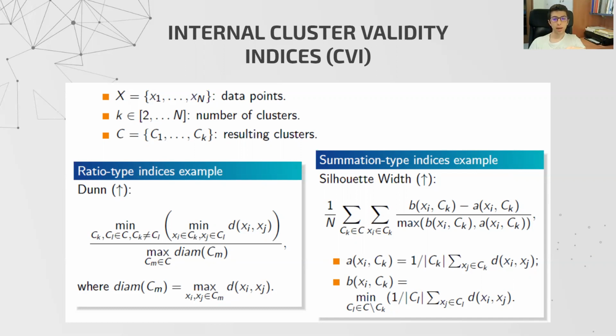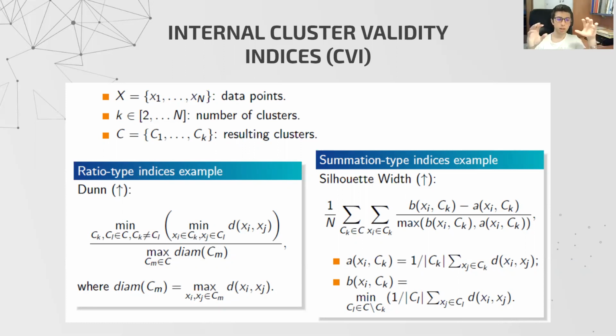In fact, at the numerator we have a difference, not a ratio, between the distance to the nearest point in another cluster, the first term, and the second term, that is the average distance across the points within the cluster. So inter-cluster distance minus intra-cluster distance.